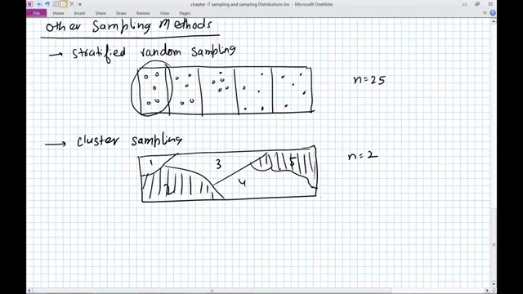Once you select 2 and 5 as clusters belonging to your sample, then every element in those 2 clusters should be included. So it will be 100% within the cluster. That's the key difference. In the strata, we were not going for 100%, only a simple random sample. But once you choose a cluster, you have to include everyone.